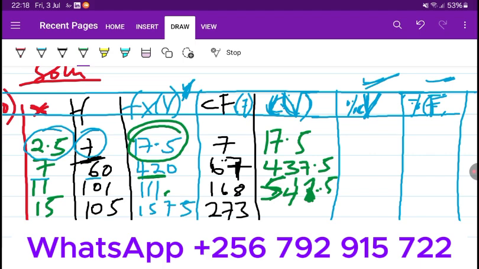Some of this we added wrongly. There is a 0.5, because if you sum them up, they are going to confuse you. So it is 548.5 plus the 1575, that will give you 2123.5.